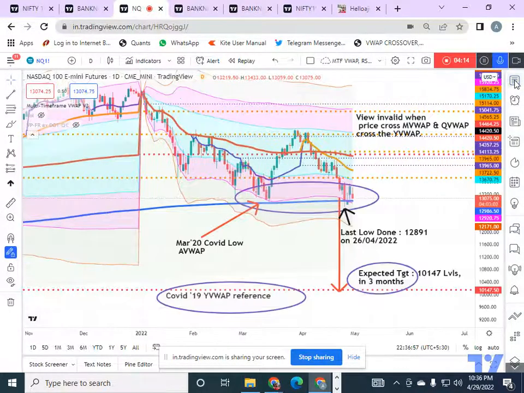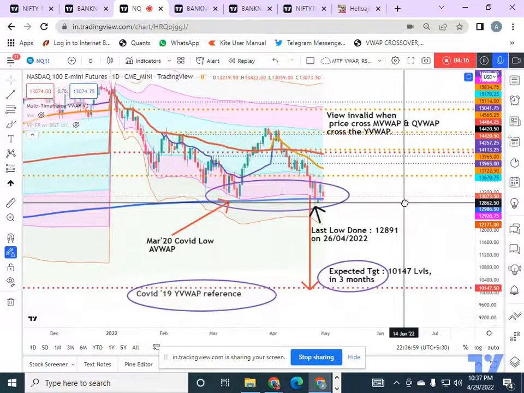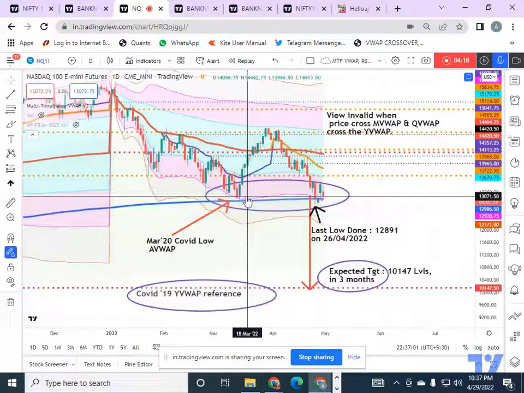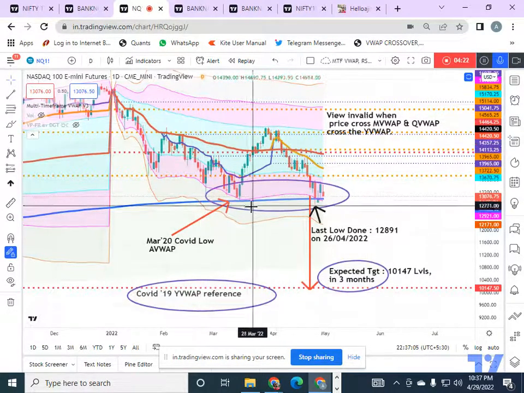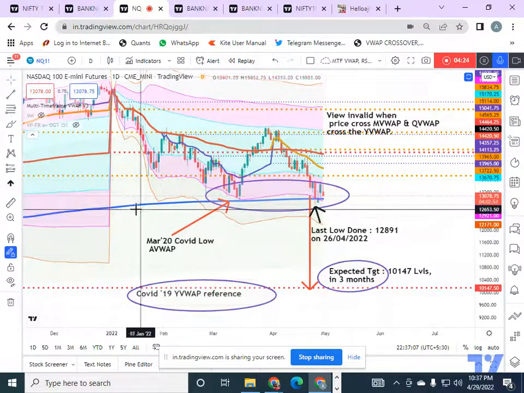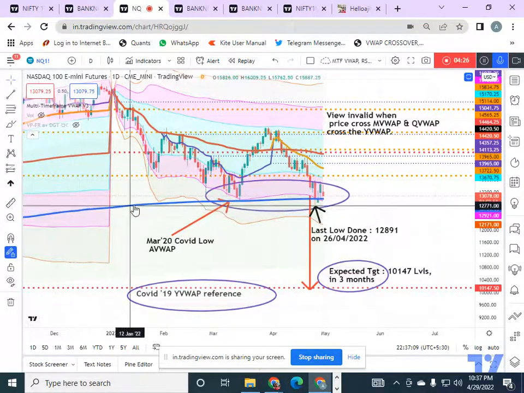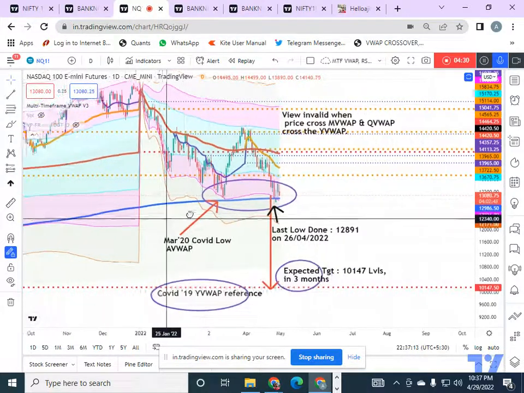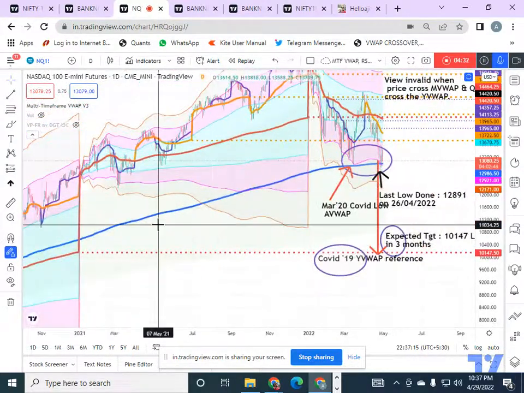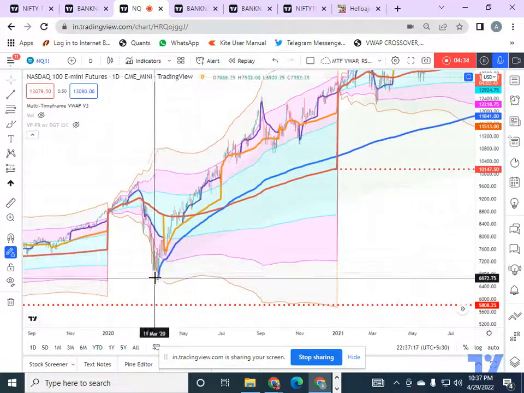Before going further, let me explain the outline of the VWAP formation. This blue color line represents the anchored VWAP, taking the reference from the March 20 low.